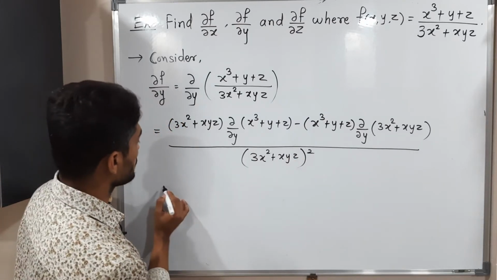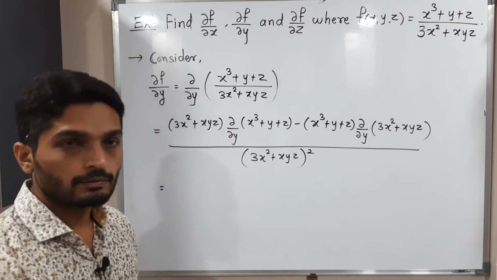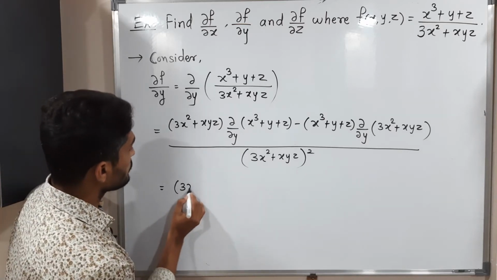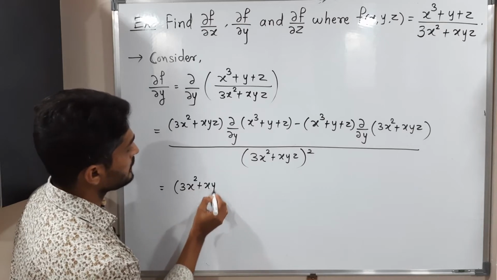Divided by that bracket square. So this is equal to, let us start to find derivatives. So 3x² + xyz.